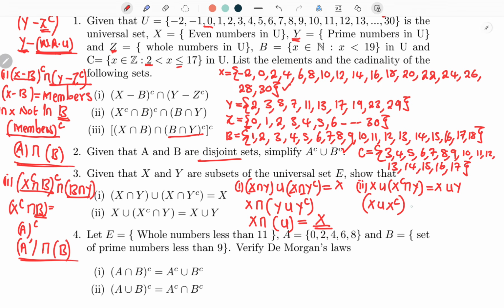Okay? Then from there, you're going to say intersection. Then you're going to say this X, the union of multiplied by Y. It will still be X, the union of Y. Okay? Now, what is this? I already taught you, because I already said that whenever you have Y, the union of Y complement, it is the universal set.